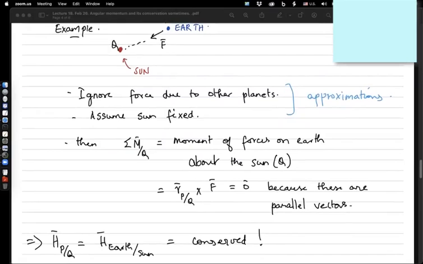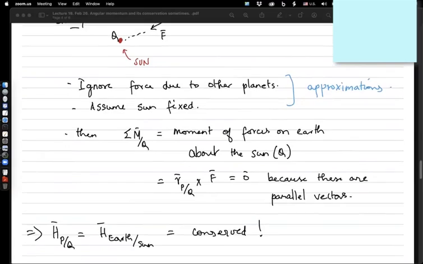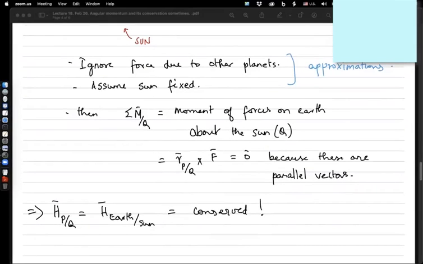This is assuming that the sun is fixed and it's the only planet around, but it turns out that the sun has the biggest gravitational pull. Other planets are relatively small compared to the sun. So these approximations are pretty good. Saying that the angular momentum of a planet relative to the sun is conserved is a reasonably accurate relationship.